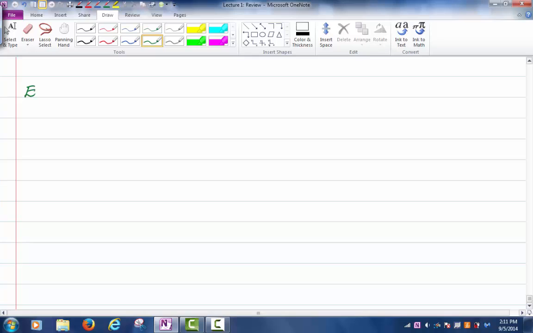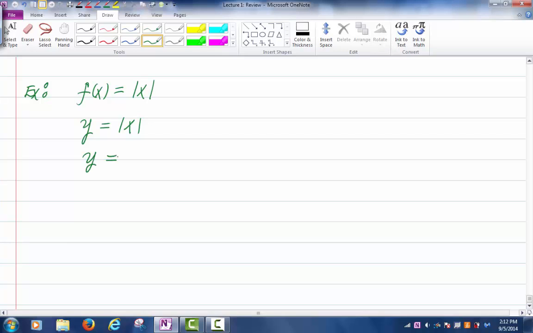Example. What's the graph of the function f of x equals absolute value of x? Well, that's the same as the graph of the equation y equals absolute value of x. Now notice that we can write this in the following way.